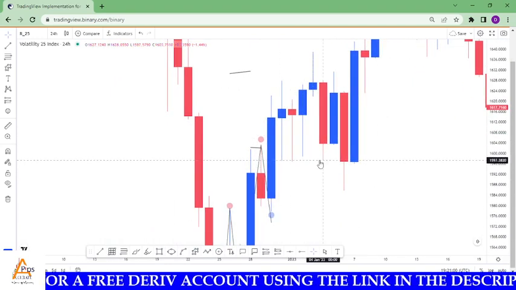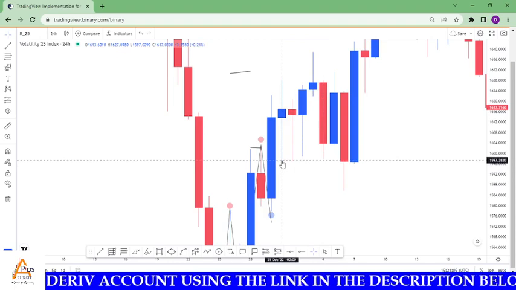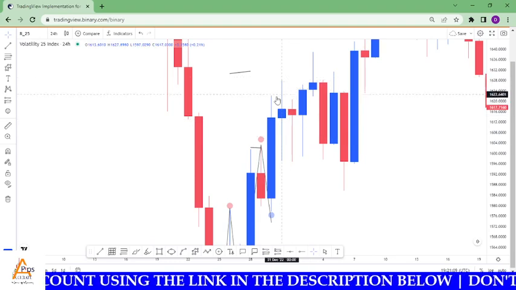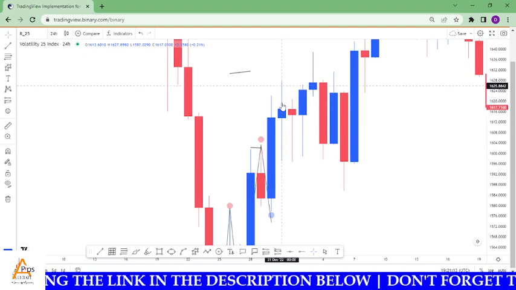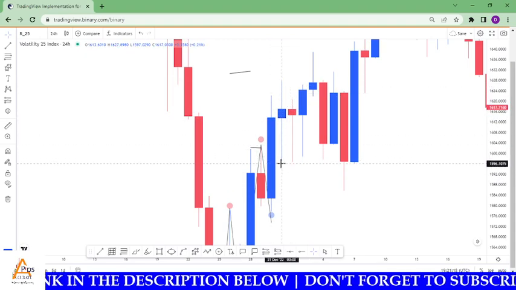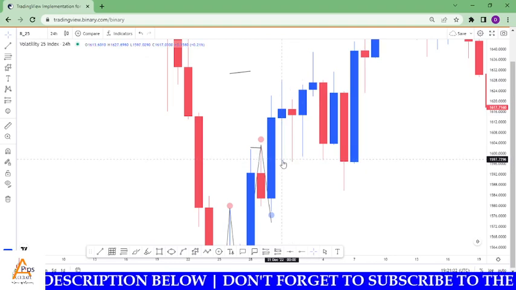Okay, if you put the cursor, you can see this red candle just took out the low of this blue candle. And this blue candle, because it has already taken the high here before pulling down, is valid to be used as the benchmark to determine whether there is a valid pullback here.